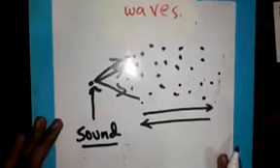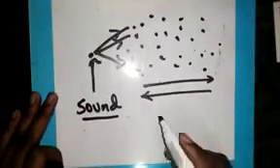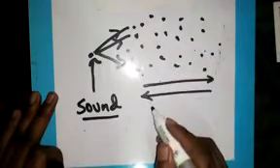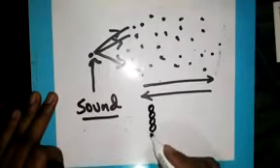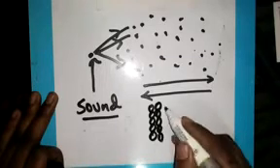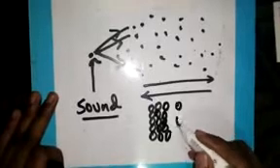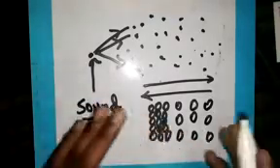Now, what does this result in? This results in other regions in these air molecules where the particles will be very close to each other, but the particles in other regions will be far away from each other due to the swinging of these air molecules.